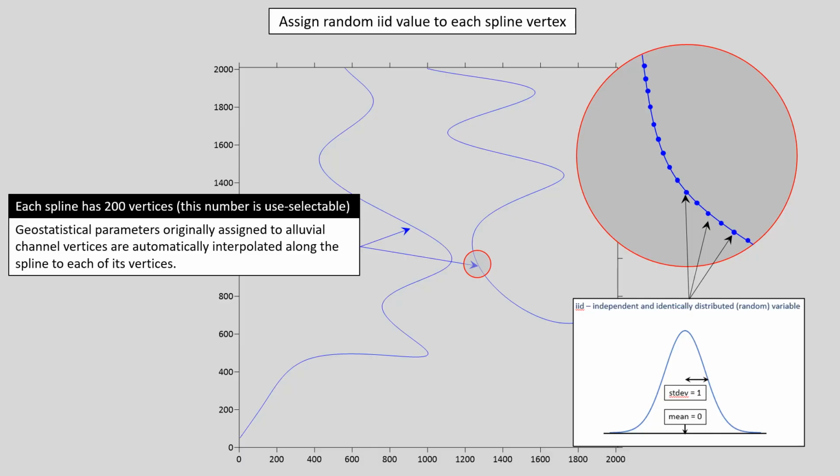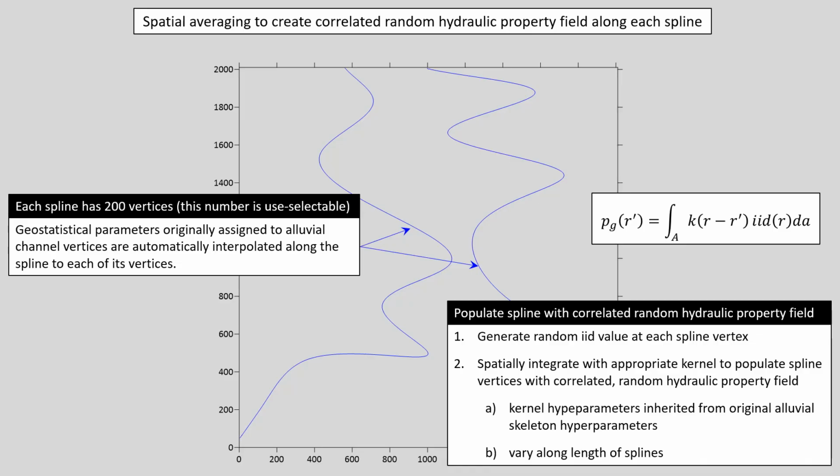In this video, as I said before, we're generating everything internally to PLProc. So we generate random numbers, IIDs, random normal variates, mean of 0, standard deviation of 1, and we assign a random number to each one of these micro vertices.